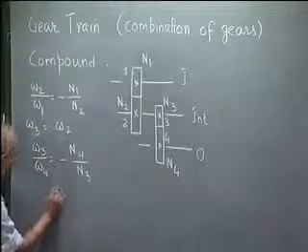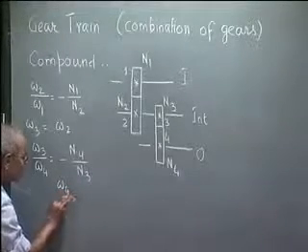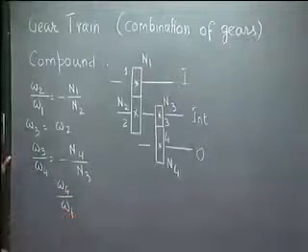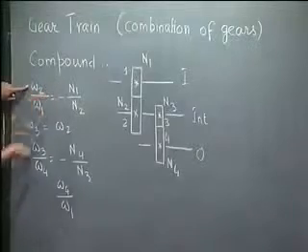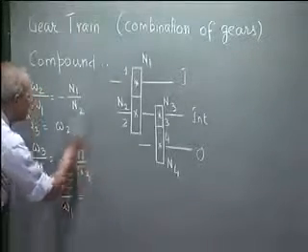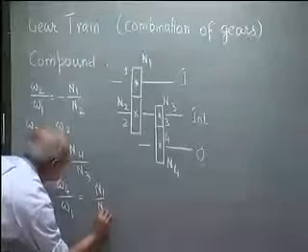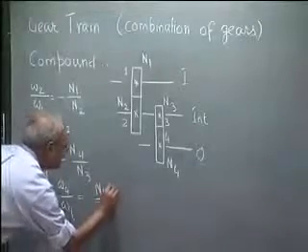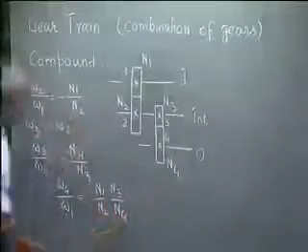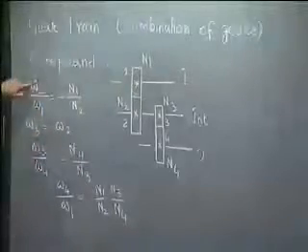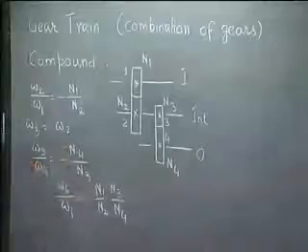So we get omega 4 by omega 1. I am dividing this by this. So omega 4 by omega 3 becomes this, and N1 by N2 into N3 by N4. Minus minus cancels. So N1 by N2 into N3 by N4.